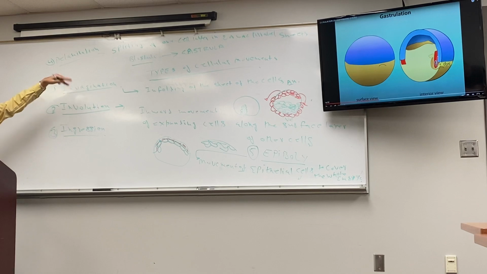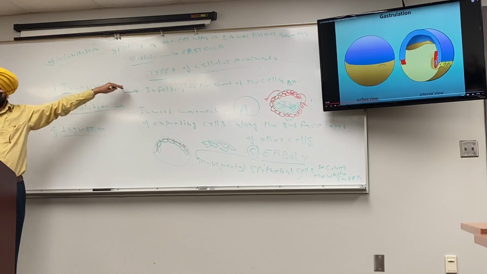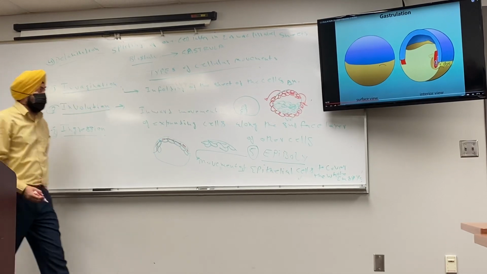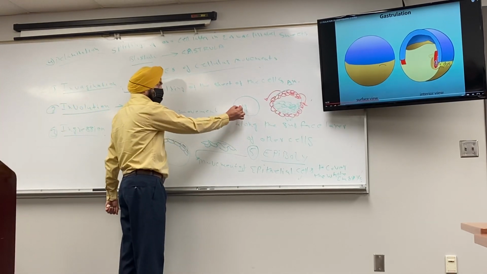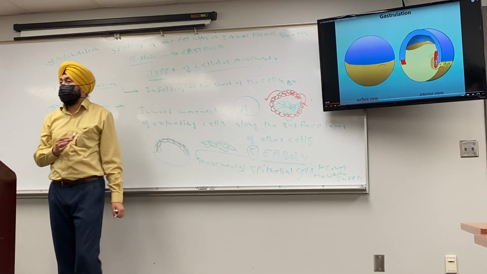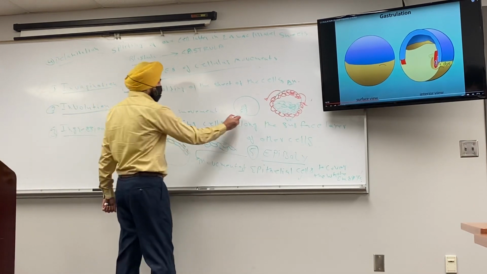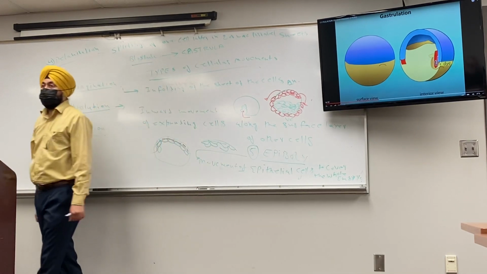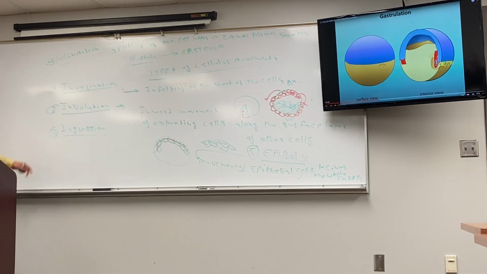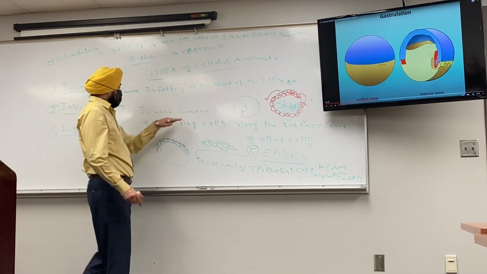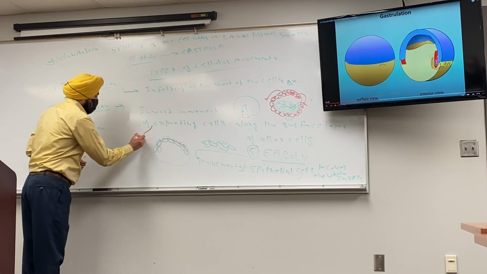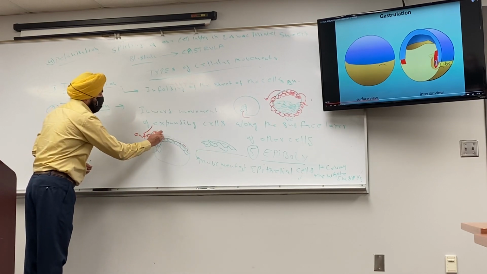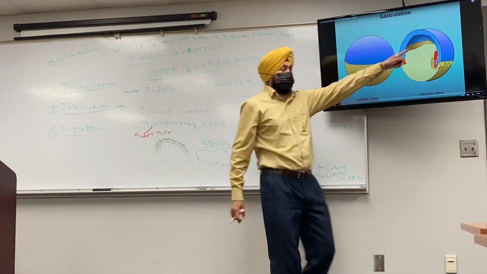Okay. Now what are those movements? First movement can be invagination. Invagination is essentially infolding of the sheet of the cells. So these cells have kind of infolded inside. Then the second movement can be involution. Involution is inward movement of, I should have written outer layer, because these cells were from the outer layer, right?